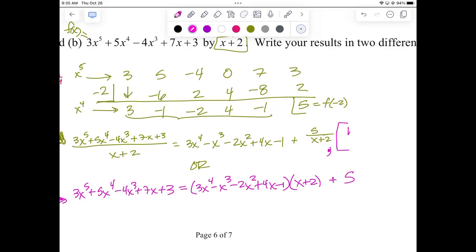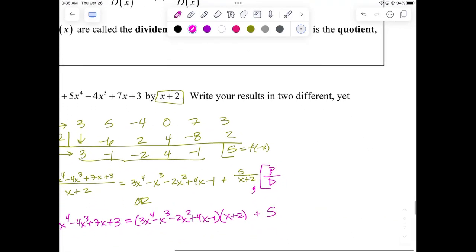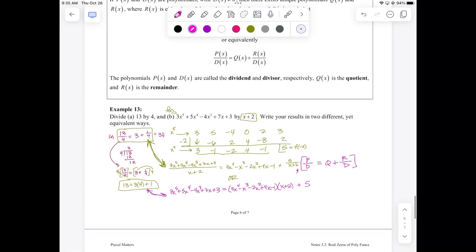This is your polynomial divided by your divisor, is your quotient plus your remainder over your original divisor. I like that one. But it's just algebra from there to there, right? From green to red, it's just algebra.